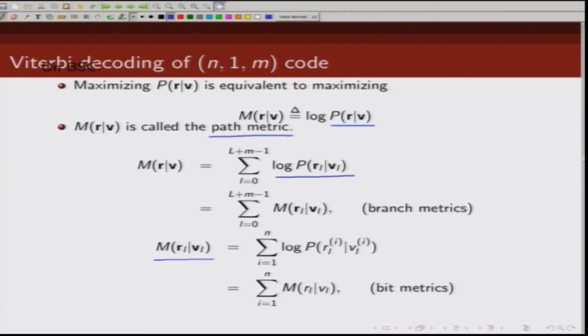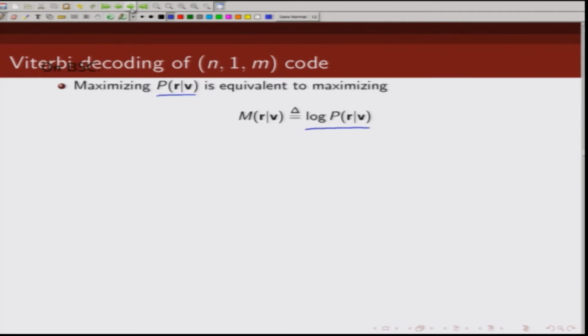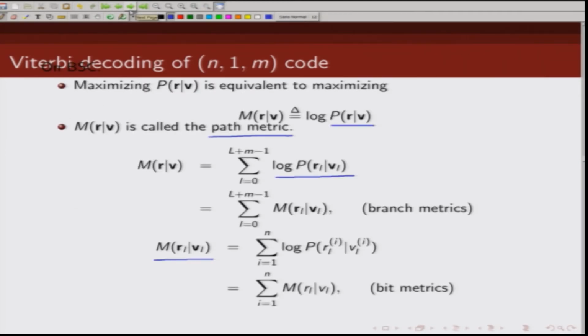Further, the branch metric can be written in terms of bit metric. We know what the probability of Rl given Vl is. It is given by this expression. If we take a log of this, again this product term will become summation. So, you can see we can conveniently write the path metric as a sum of branch metrics, and the branch metric as a sum of these bit metrics.